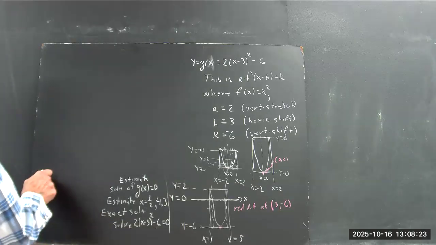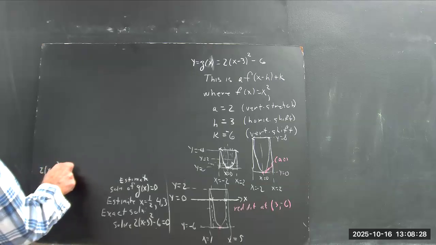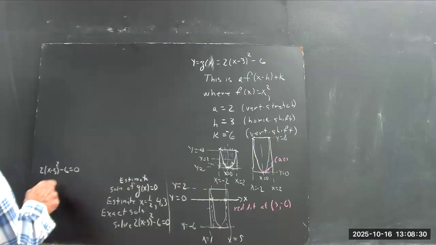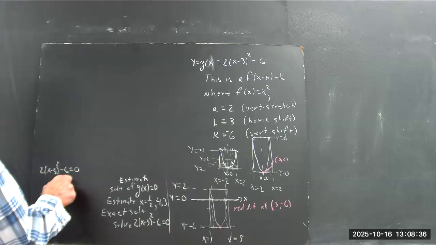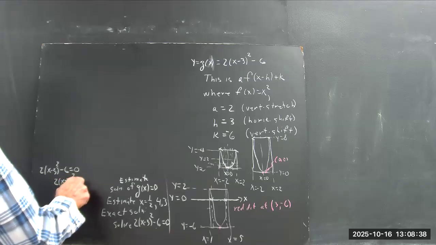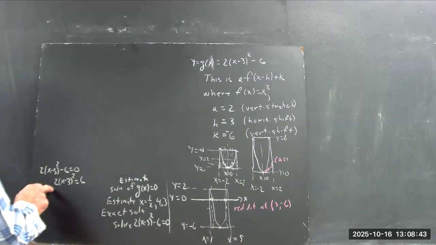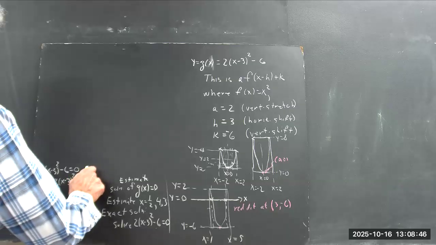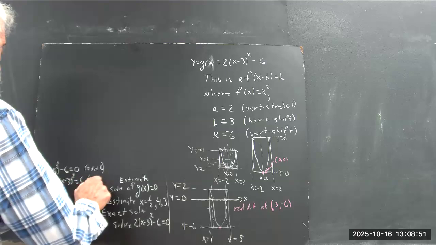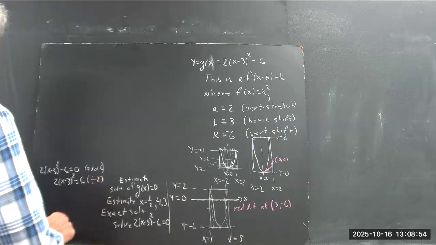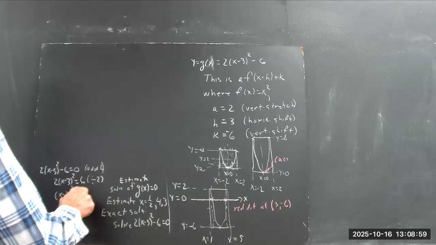Well, I don't have room to solve it there, but I have room here. 2 times x minus 3 squared minus 6 equals 0. I add 6 to both sides. I'm going to skip these steps because they should be familiar to you. I add 6 to both sides, I get this. If I divide both sides by 2, I get x minus 3 squared equals 3.